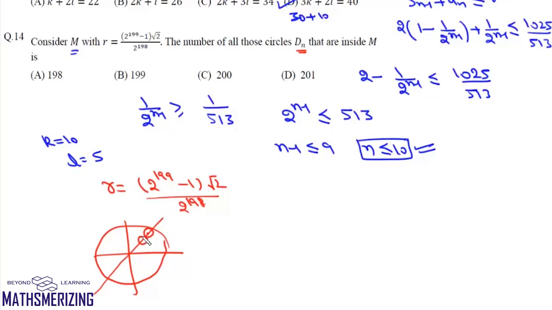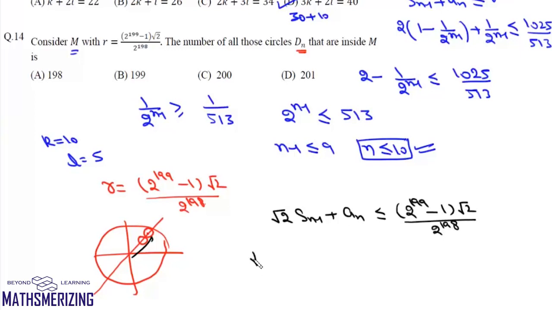So in this case, if you have to find the maximum value of n, then this distance, which is root 2 S_(n-1), plus the radius of the circle, which is a_n, must be less than or equal to (2 to the power 199 minus 1) into root 2 upon 2 to the power of 198.